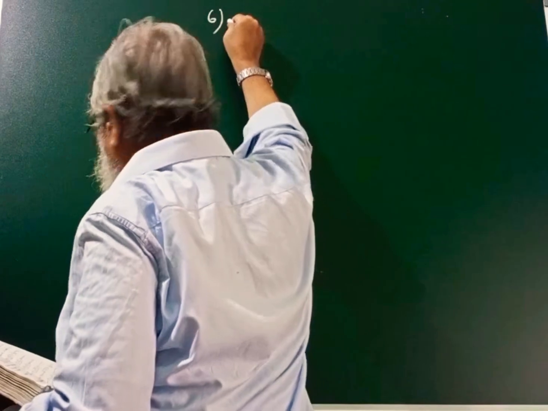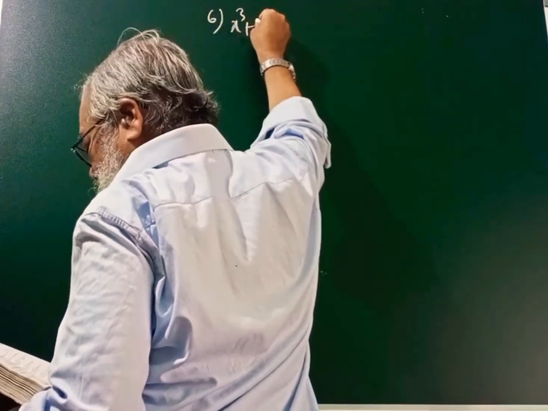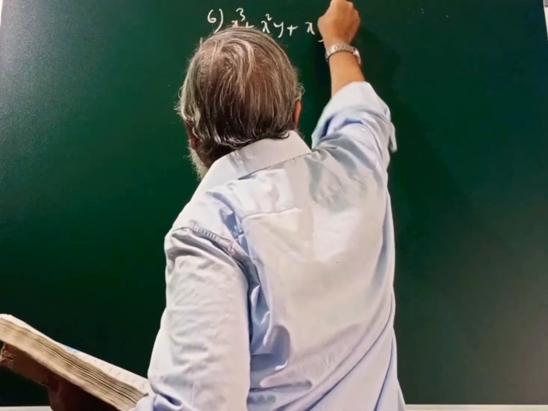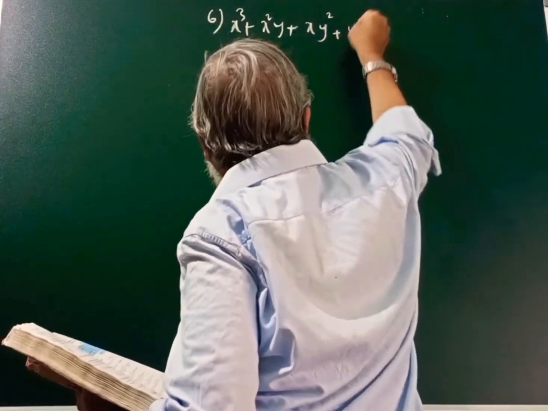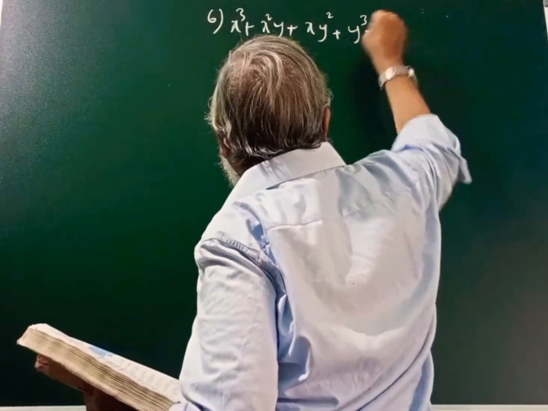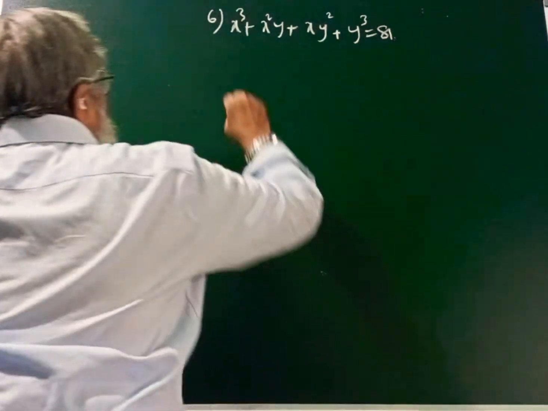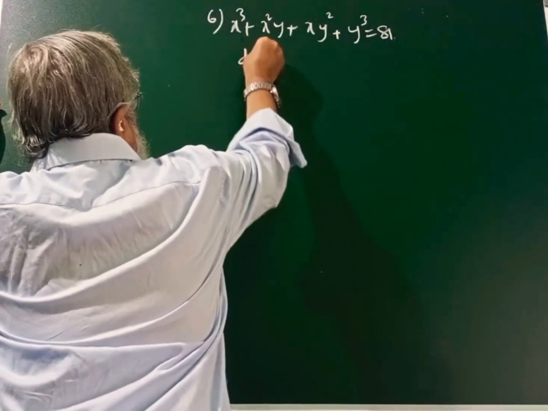Find dy by dx. x cube plus x square y plus xy square plus y cube is equal to 81. We have to find out the value of dy by dx. Now look here, differentiate with respect to x.